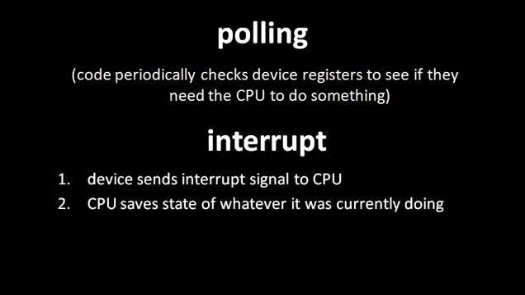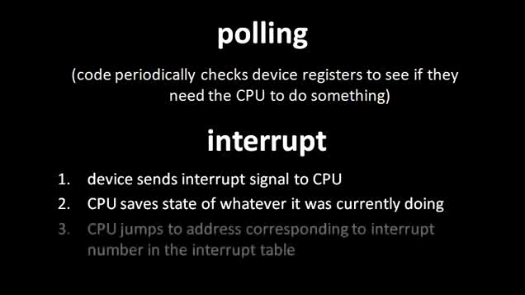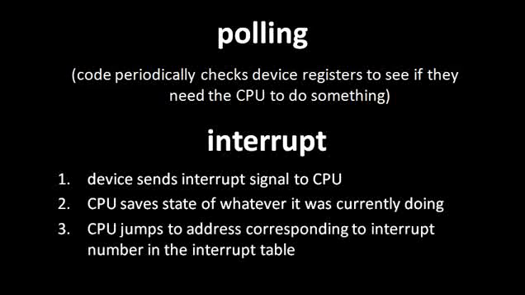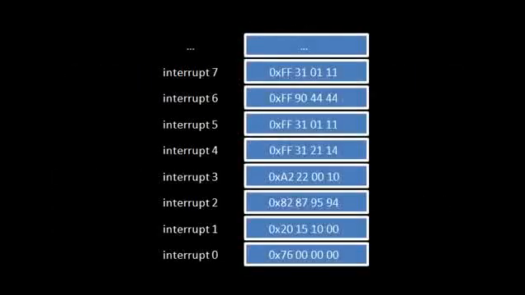And then once that is done, the CPU will jump to the address which corresponds to the interrupt number in the interrupt table. The interrupt table is simply a list of addresses somewhere in memory, and usually the CPU knows how to find that interrupt table because it has a special register which stores its address.